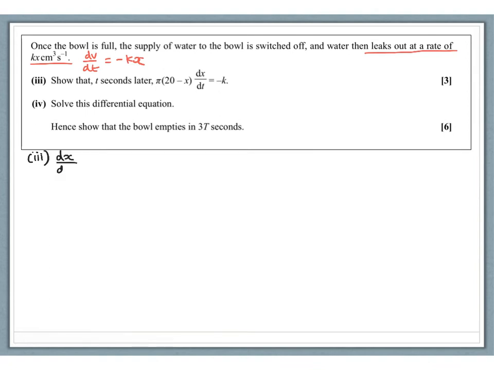Remember, dx/dt is equal to dx/dV multiplied by dV/dt. Now, dx/dV we had from the previous question, and it's 1 over π(20x minus x squared). And dV/dt is this time negative kx.